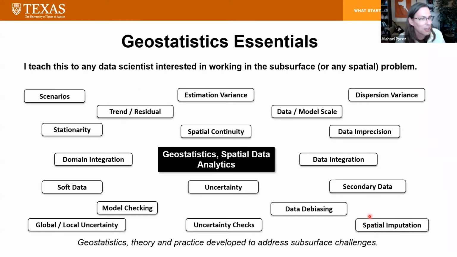I told them they should listen. What would I teach somebody who came from data science, machine learning, computer science? What would I teach them so they could understand the subsurface? I would teach them about geostatistics, spatial data analytics, and they would see that there is a whole wealth of concepts that are very powerful and augment very well the data-driven approaches, okay?